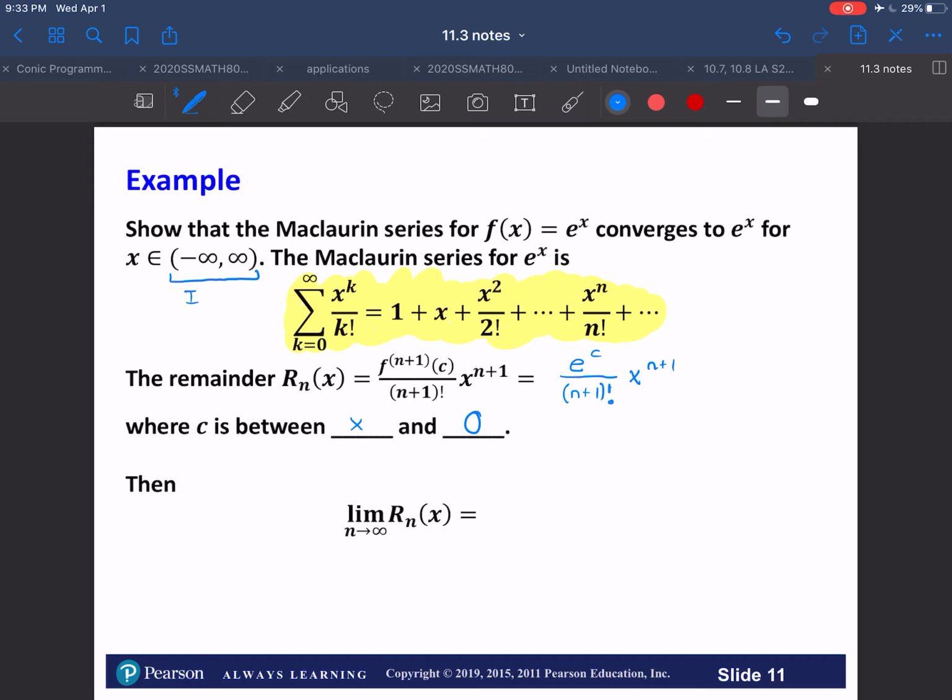So we can write this as e to the c times the limit as n approaches infinity of x to the n plus 1 over n plus 1 factorial. All right, so now what is this limit equal to? Give you a couple seconds to think about that.